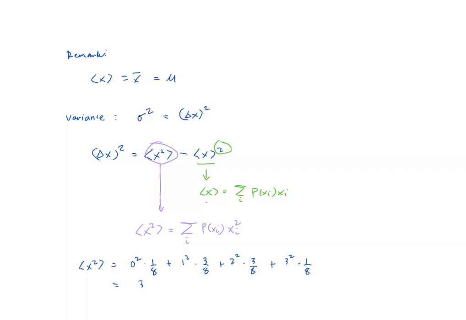Then we have 3 over 8 plus 4 times 3, that's 12 over 8. Then we have 9 over 8. And the total of this is ilan? So we have 12 plus 12, so 24 over 8. So this is 3. Okay? Clear ba sa atin yan? Baka may mali pala ako. Paki-thumbs up kung clear.